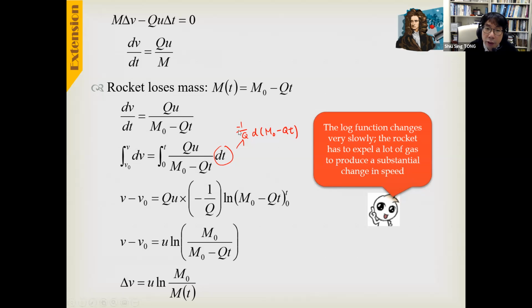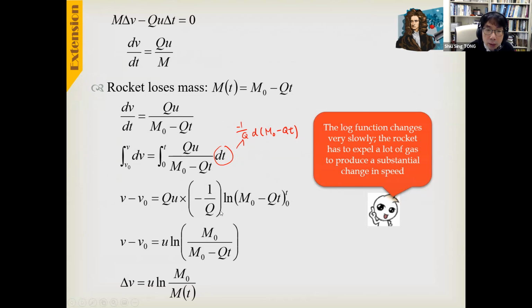So there's an additional factor of minus 1 over q coming out. And the argument in the differential will be exactly the same as the denominator. So I have du over u integrated, if I call this u. So I get log u, the log of this quantity, evaluated at the lower limit of 0 and upper limit of t.